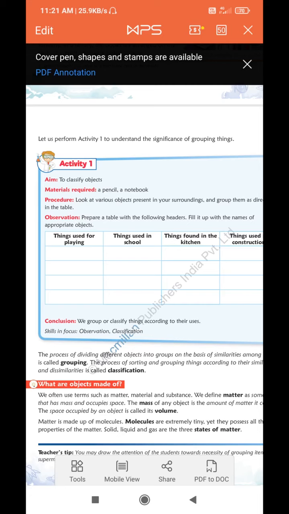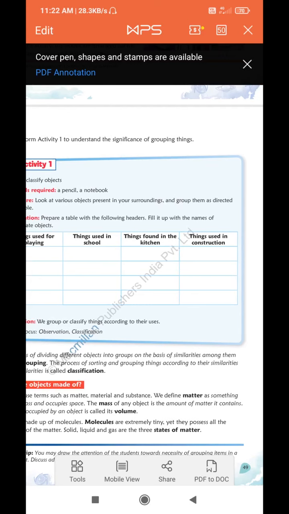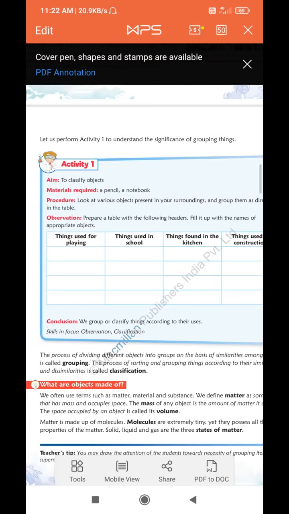Things found in the kitchen: utensils, stove, gas cylinder, plates, plastic mug, spoons, stainless steel items. Things used in construction work: steel, iron, cement, concrete, rocks. We can observe these in a place of construction.